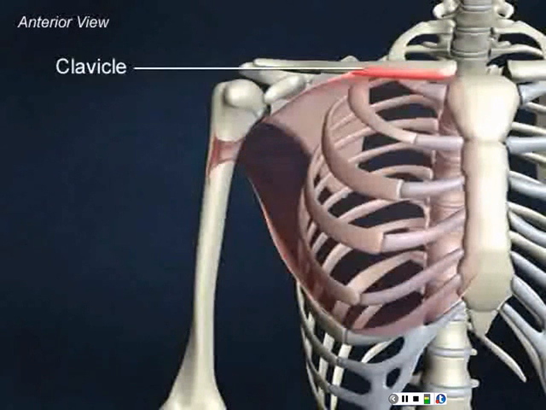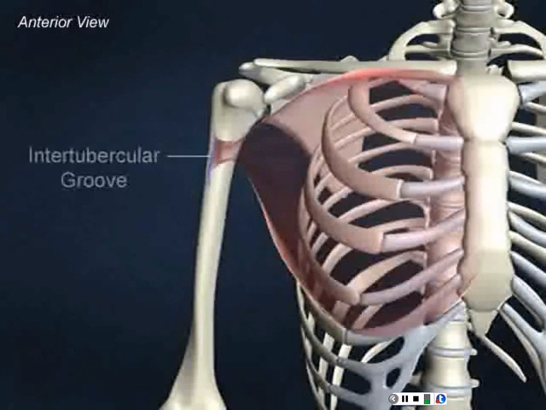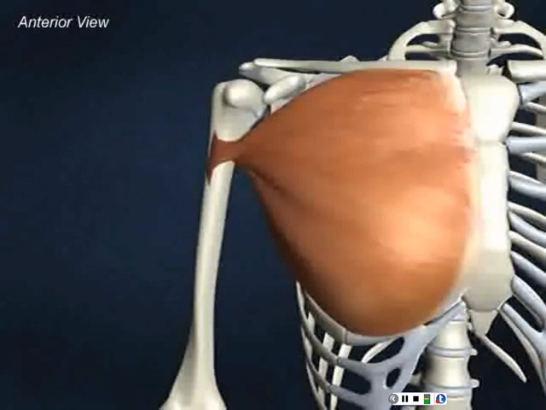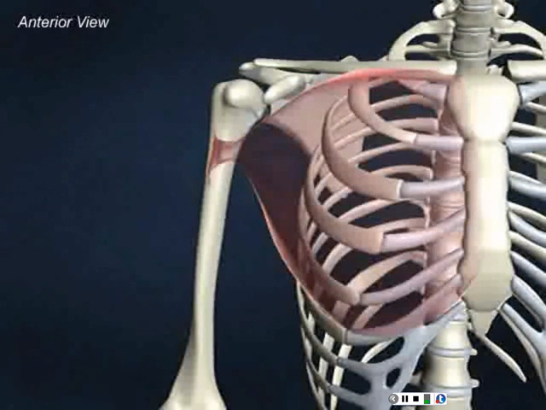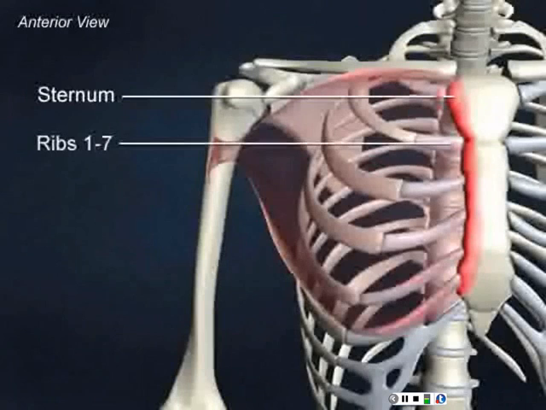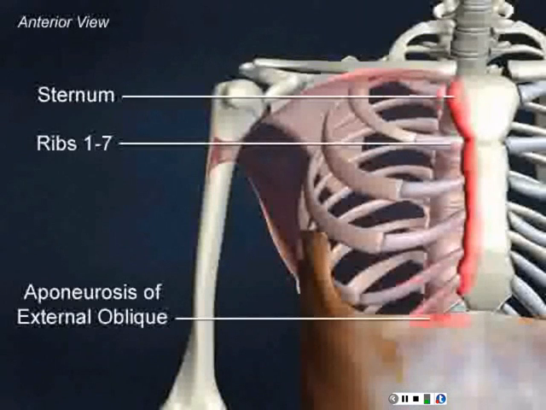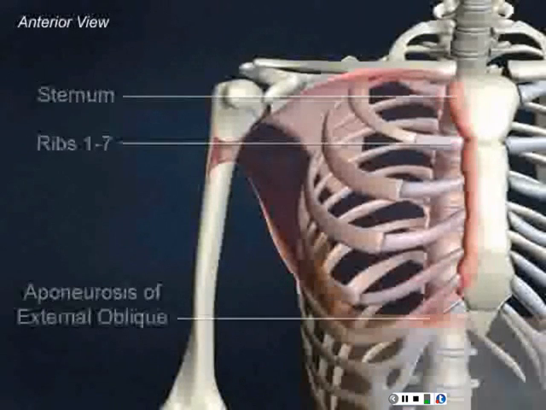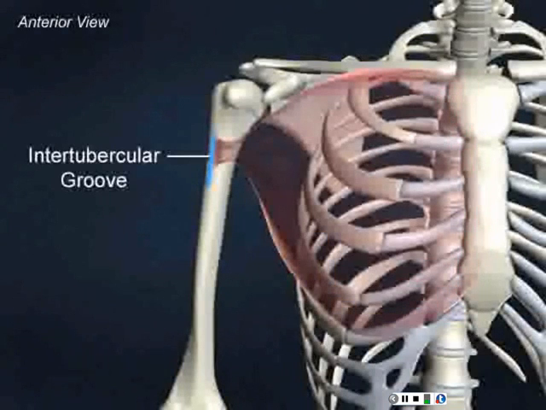The insertion is to the lateral lip of the intertubercular groove of the humerus. The origins of the inferior or sternocostal fibers are from the anterior surface of the sternum, the costal cartilages of ribs 1 through 7, and the aponeurosis of the external oblique muscle. The insertion is to the lateral lip of the intertubercular groove of the humerus.